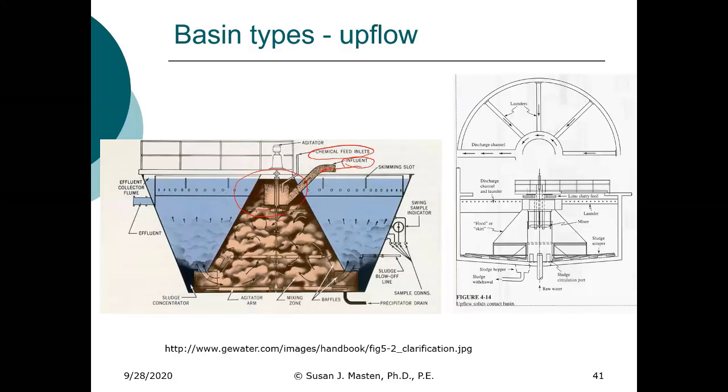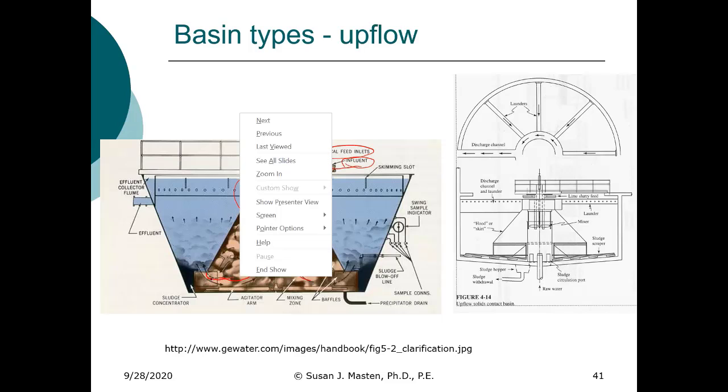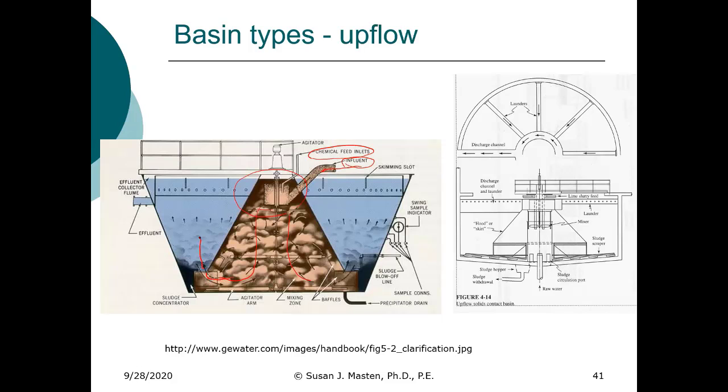We then have a flocculation basin on this inverted cone on the inside. So this is typically a turbine type system. The water flows down through this flocculation basin and then up through the sedimentation basin.